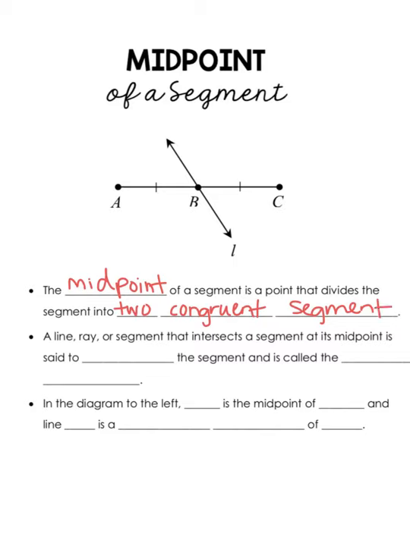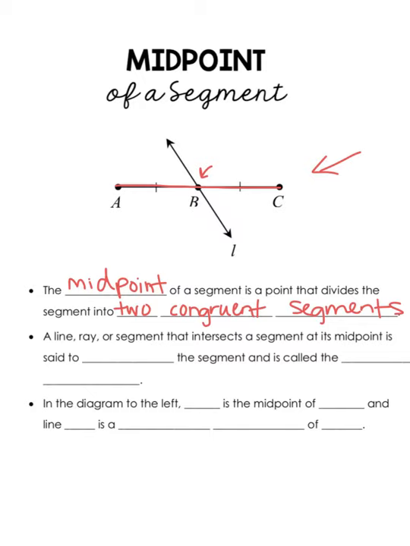So if you have the midpoint of something, it's the middle, right? And so that means each side of that middle point are congruent. They're the same. So if you want to look at this visual up here and just kind of think about what I said, the midpoint or the middle, and that helps you think of it. Hopefully you can see the midpoint of this line AC falls right here where point B is.